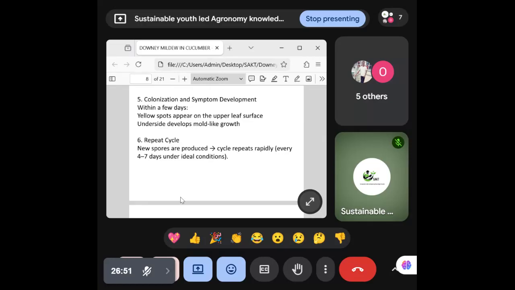Colonization and symptom development. Within a few days, the yellow spores appear on the underside of the leaf.